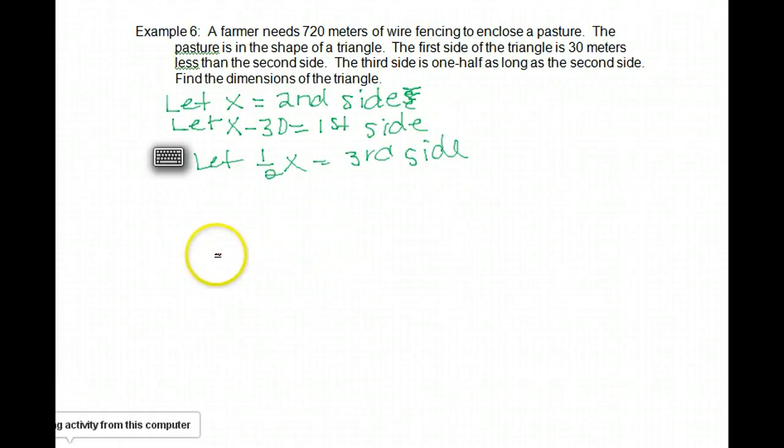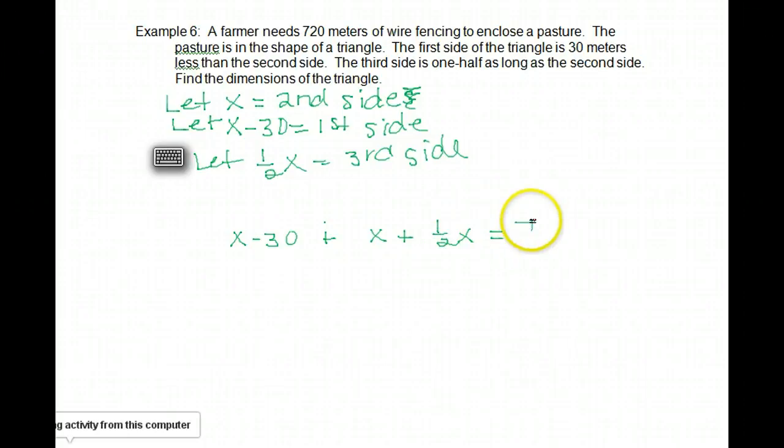So when I put all three of my sides together, there's going to be 720 meters of wire fencing. So that means I'm going to have x minus 30 for my first side, added to x for my second side, added to 1/2 x for my third side, and that's going to equal 720 meters.